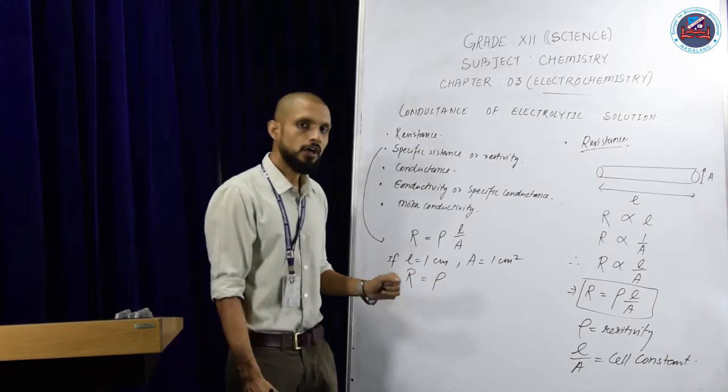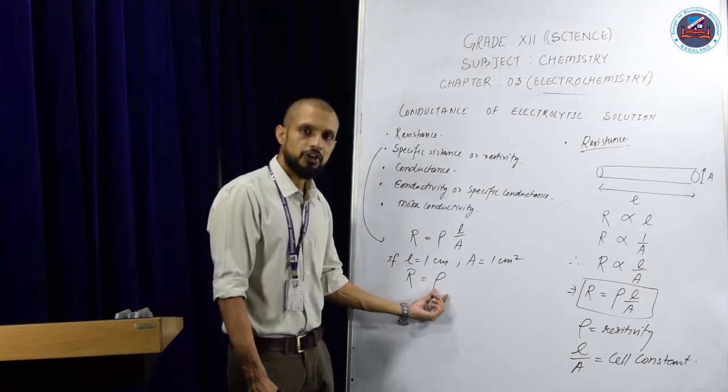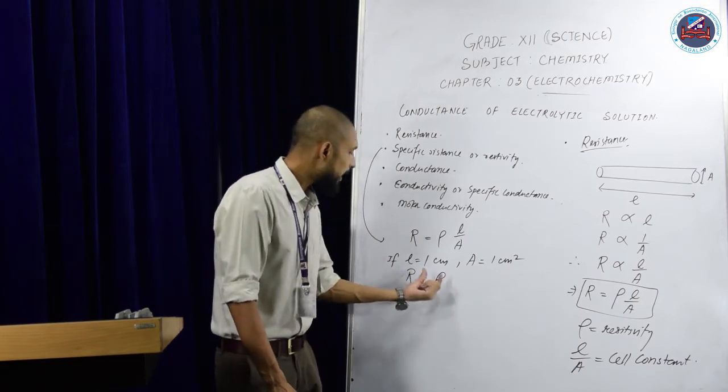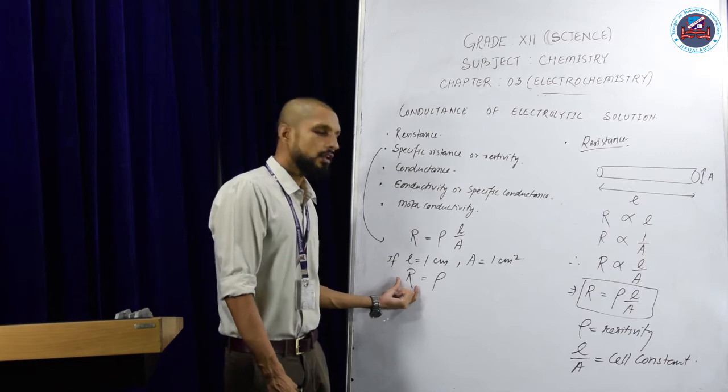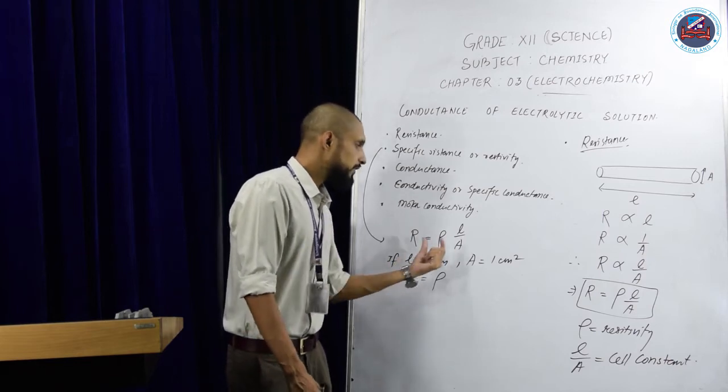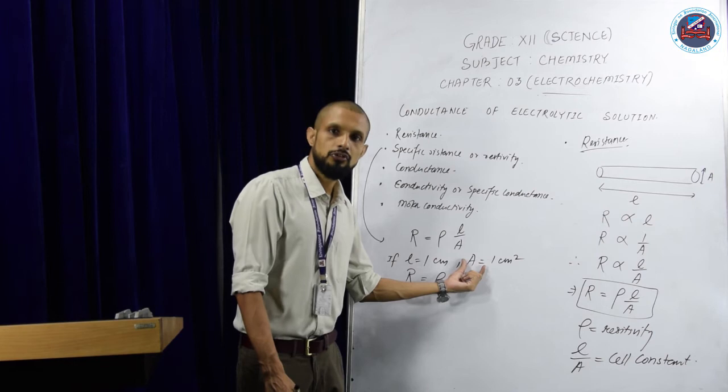So from here, resistivity or specific resistance is defined as the resistance when the length of the conductor and area of cross section is unity.